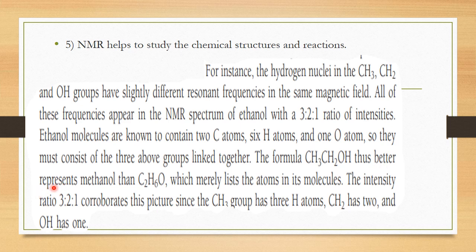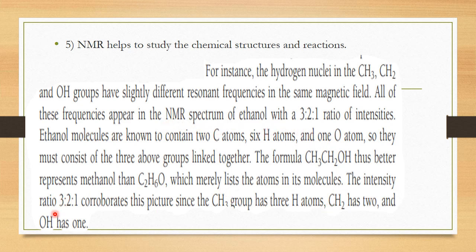This better represents ethanol than C2H6O, which merely lists the atoms in its molecules. The representation C2H6O has the least significance compared to this one. This representation is identified by the NMR spectrum of ethanol.